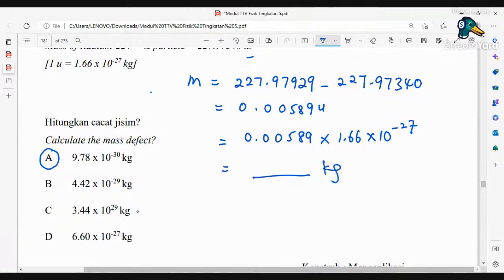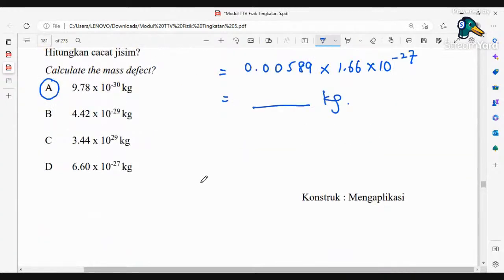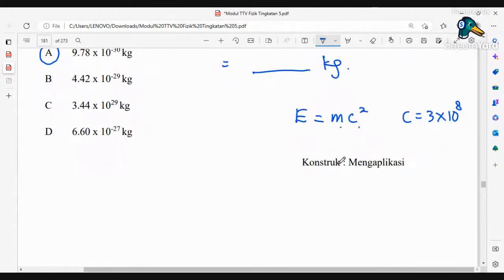The unit is kilogram. Okay, if they want you to calculate the nuclear energy produced, you just use the formula E equals mc squared. This is the mass defect and c is the speed of light, in meter second negative 1. So you will get the amount of nuclear energy emitted.